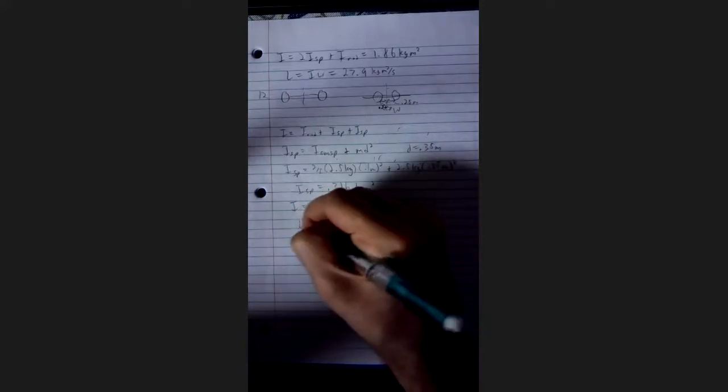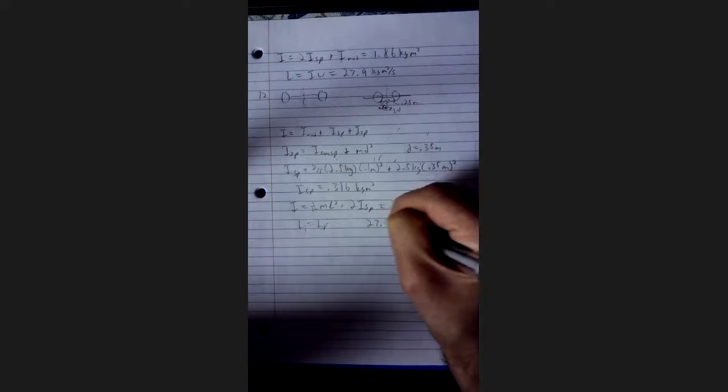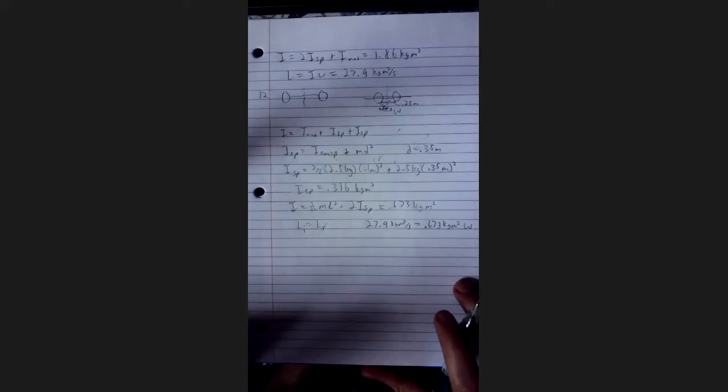So our angular momentum has to be the same as it was before. The last problem we calculated it to be 27.9, which means this has to be equal to our moment of inertia here that we just calculated, times our new angular velocity.